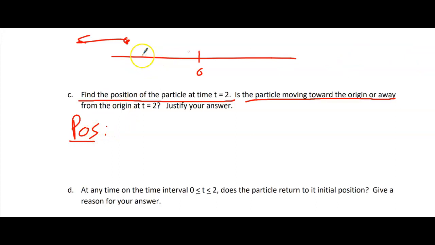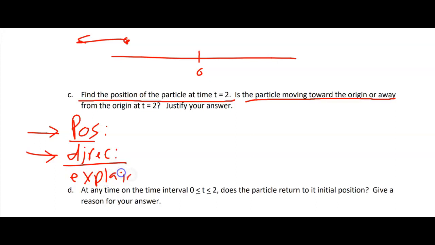Now, how do you know which direction the particle is traveling? Well, you know the direction by looking at the velocity. Okay, so you need to look at the object's position, you need to look at the direction it's traveling, and then you can explain whether it's moving toward or away. So, how do we find the position?